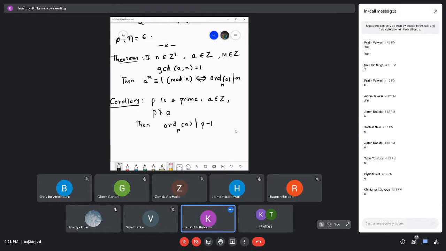Now if n is any positive integer, and a is an integer, with the same conditions as the theorem, GCD of a and n is 1, then the order of a mod n divides phi of n.